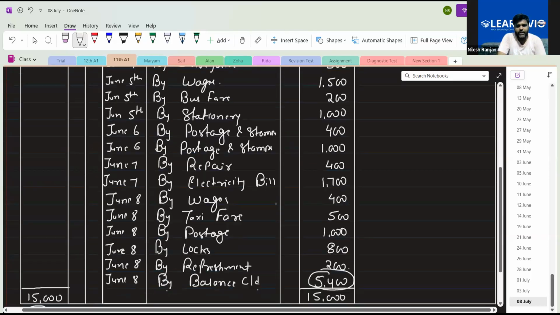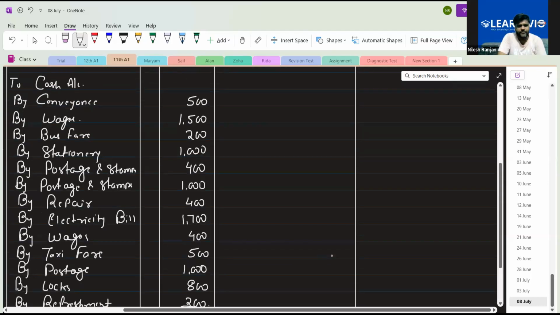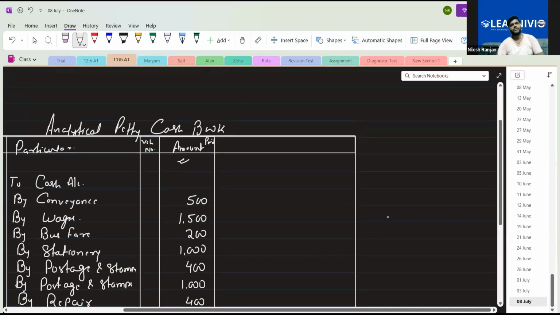Okay. Now, the analytical part is actually not much different from the original one. I'm creating some more columns for that purpose.